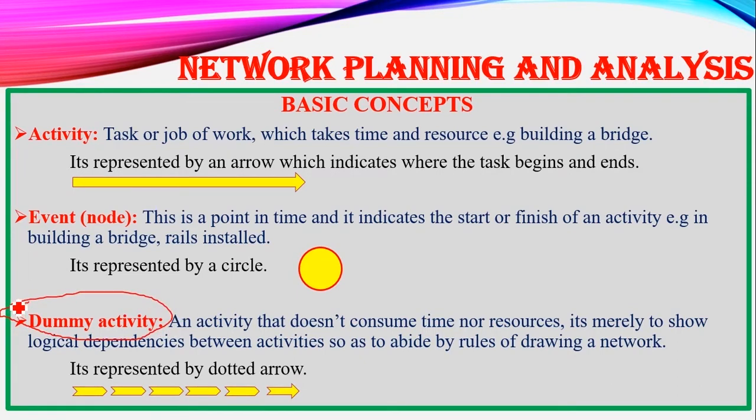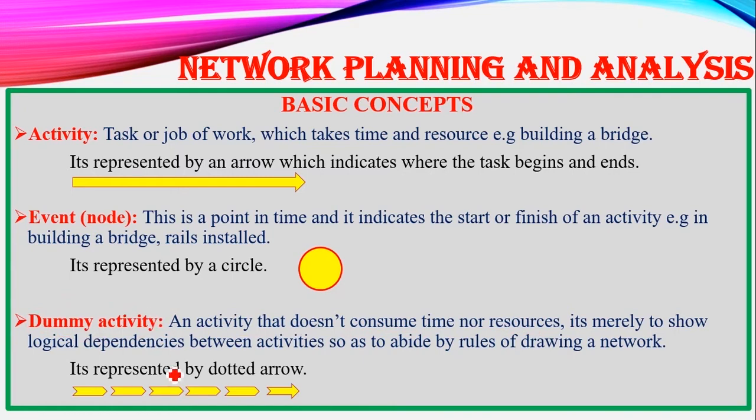It is an activity, but it's a special type of activity. This is an activity which does not consume time, nor does it consume resources. Remember, we have said an activity must consume time and it must consume some resources. So any activity that does not consume the two is referred to as a dummy activity.